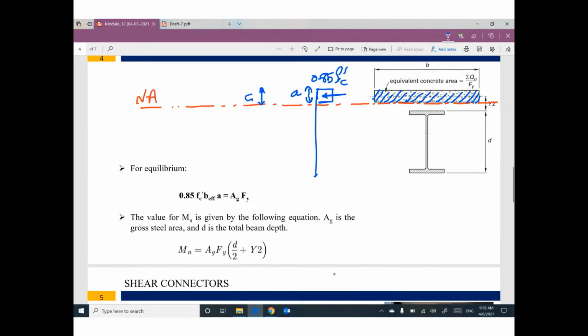Anyway, we have compression here. This compression equals 0.85 f'c b effective times a.